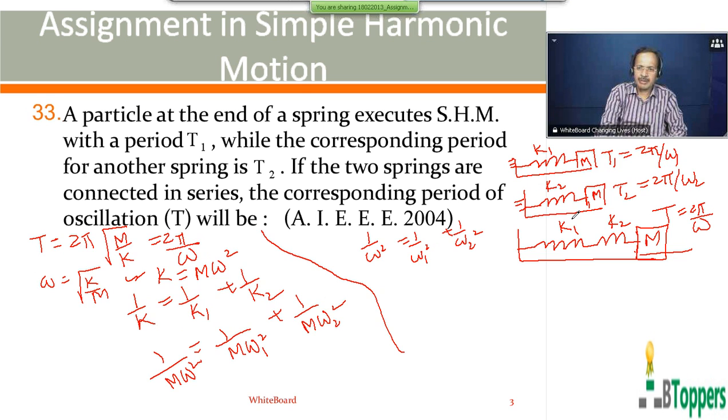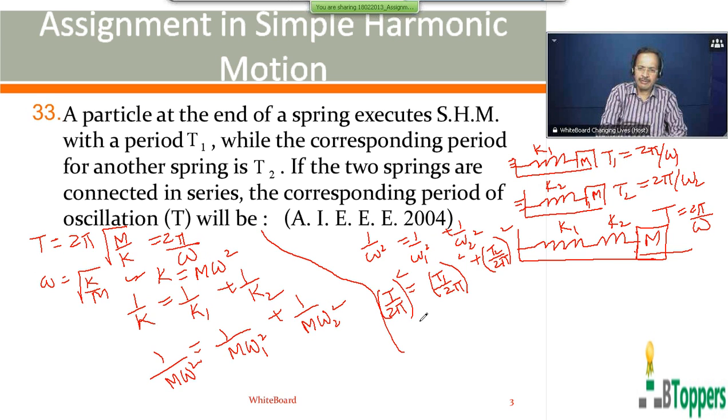So 1 by omega 1, you can write T1 by 2 pi. 1 by omega 2, you can write T2 by 2 pi. 1 by omega, you can write T by 2 pi.